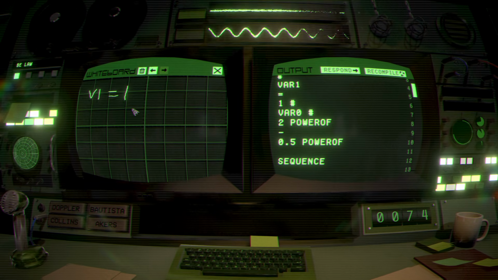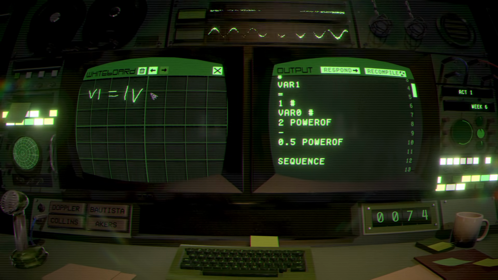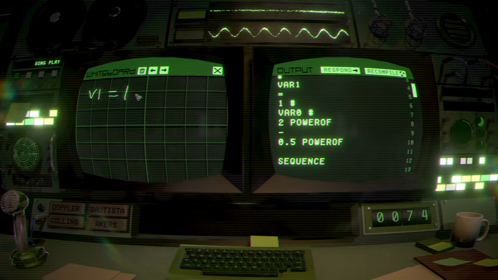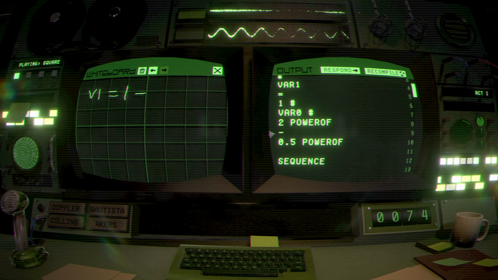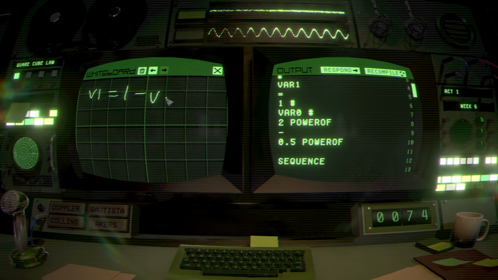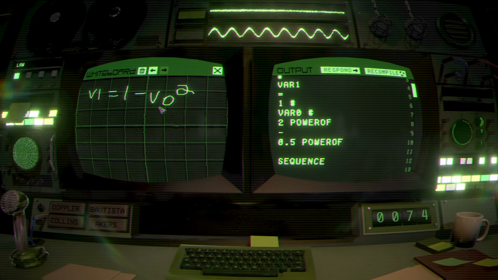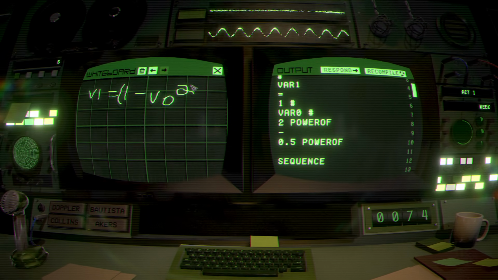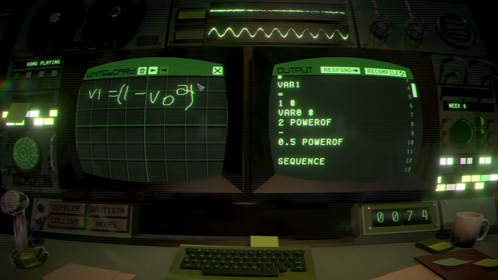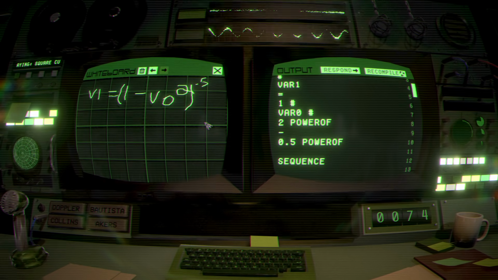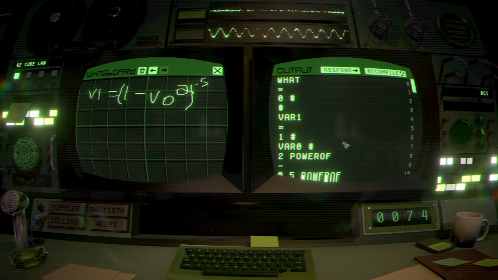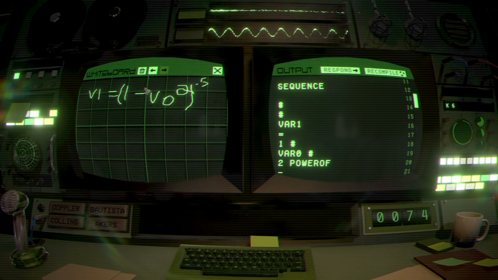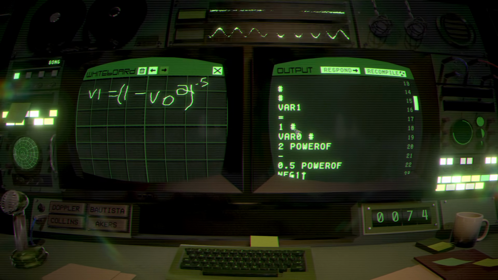Equals 1. Equals 1. Oh, I see. So it's a 1 minus, because of this minus sign, variable 0 to the power of 2. And then you take this answer to the power of 0.5. Let's think about this. Oh, and perfect. Then they give us a sequence to test our theory.